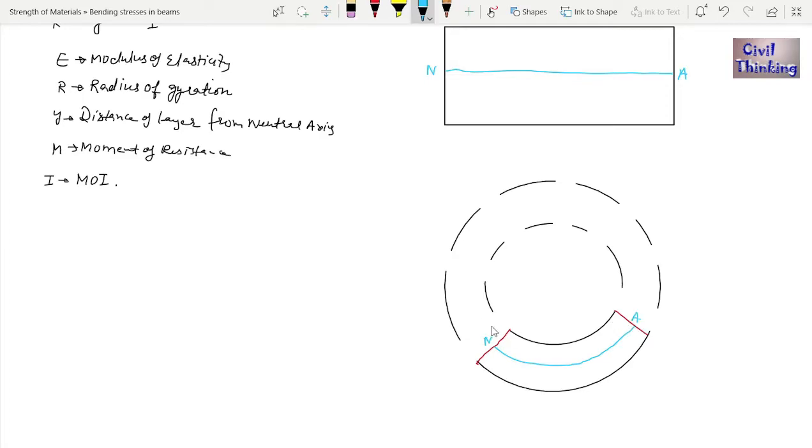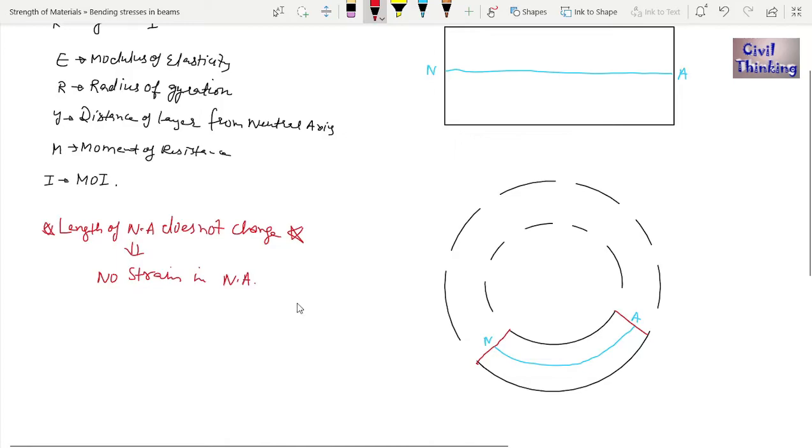But keep in mind, one thing is very important: the length of the neutral axis does not change. This is really important. It means there is no strain in the neutral axis.